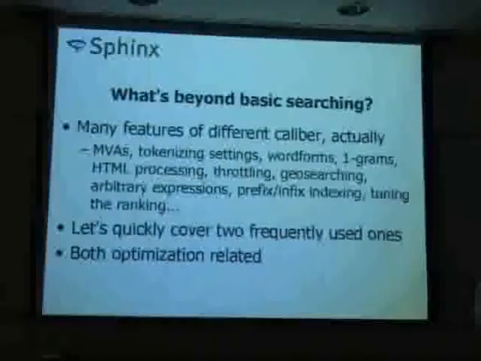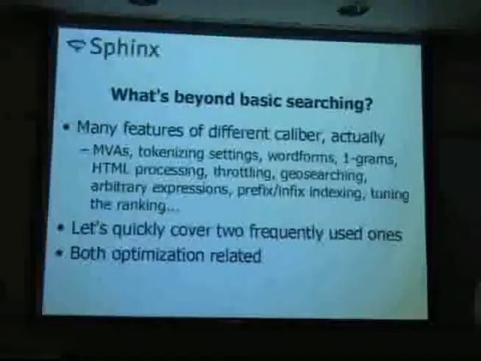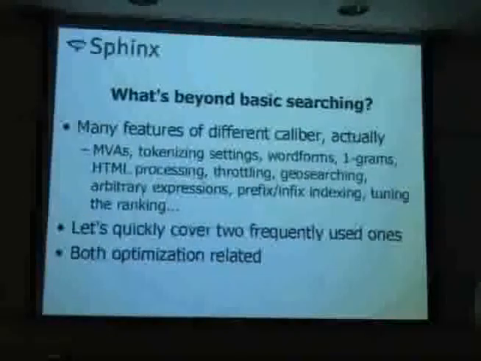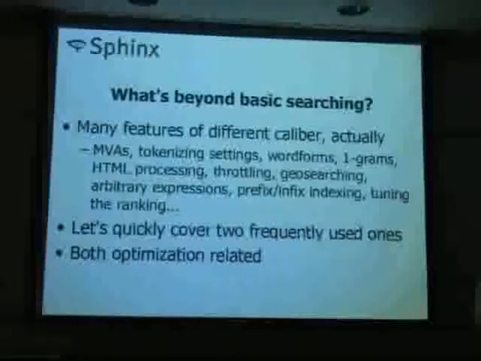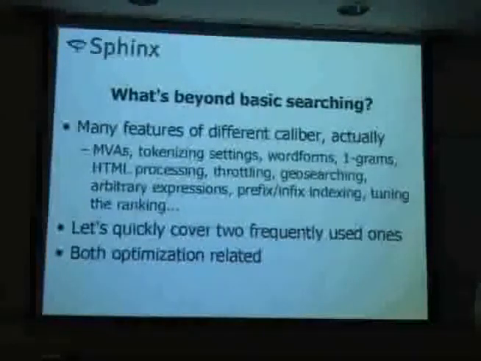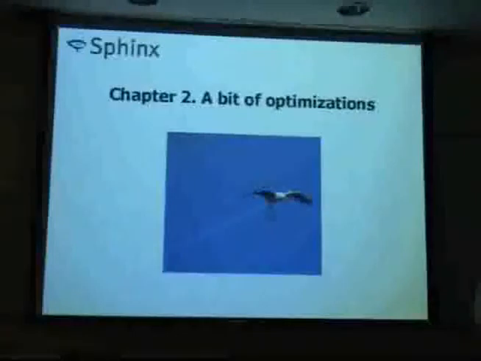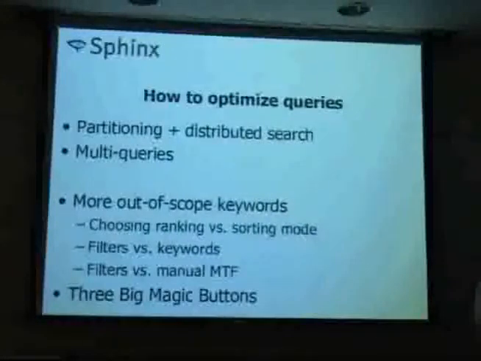And we do have a bunch of features beyond basic searching enumerated on this slide, and there's definitely not enough time to cover all of them. And I don't actually remember all of them. I will have to look them up in the documentation. So let's just quickly cover the two most interesting features, both related to query optimization.